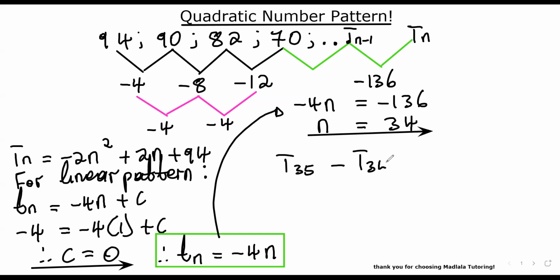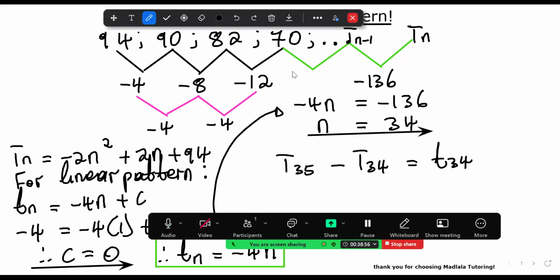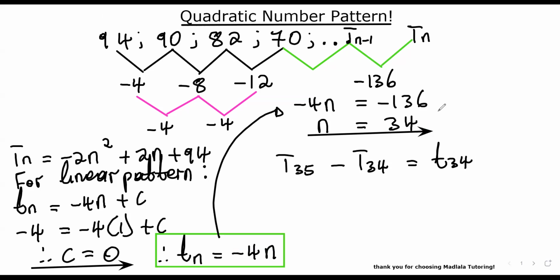Term number 34, it's going to give you term number 34 in the linear pattern. That's the significance of what I was trying to tell you. So what am I saying to you in short? I'm saying we need to find the value of term number 35 as well as term number 34. Those are the values whose difference will give us negative 136. Do you see how to analyze that? Of course you do.